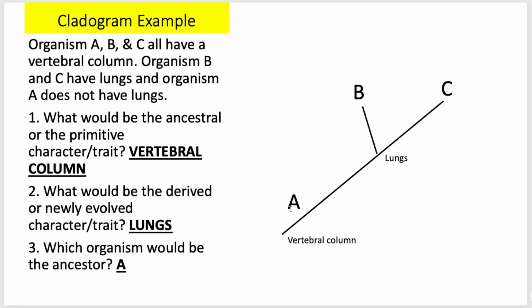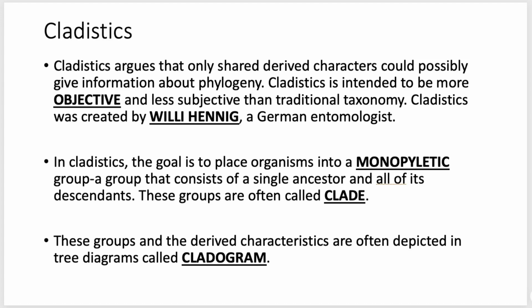In that case, that's going to be organism A, because it is at the base of this cladogram. So you can think of A as like the grandparent organism, and then B and C are like the grandkids, and they come out later. And as time passes, organisms could acquire new traits, and they could change over time or adapt or even lose traits, depending on what we're talking about.